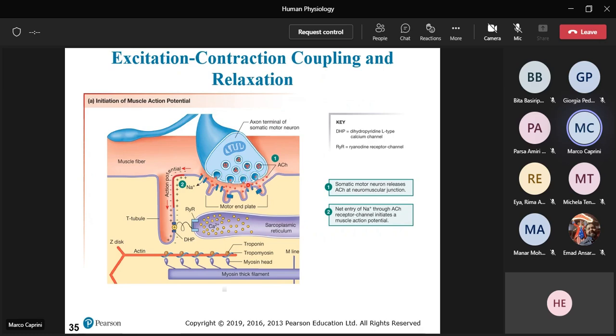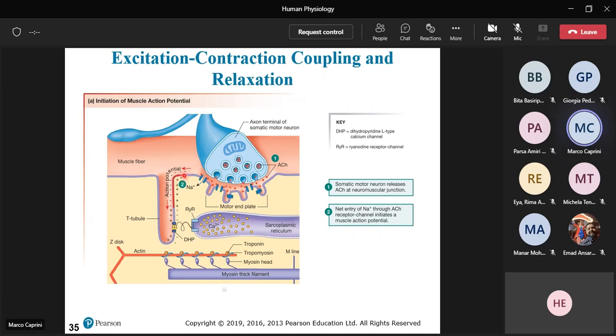Acetylcholine is released. The acetylcholine binds to the acetylcholine nicotinic receptor. And what happened? An end plate potential starts. A depolarization starts. You see here, a depolarization starts.